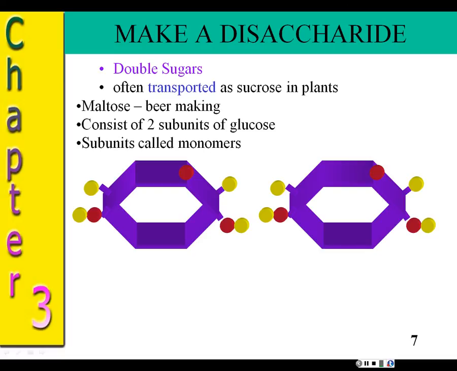So we're going to split water. Here's the water over here. We're going to perform hydrolysis on this. We're going to split water into two things. What are the two things that we're going to split water into? A hydroxyl group and a hydrogen. So we split water, we get a hydroxyl group, we get a hydrogen.